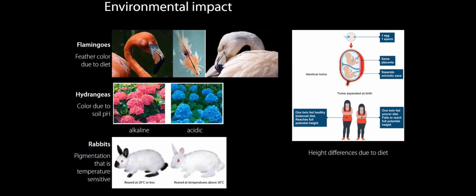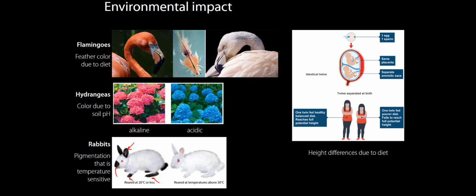Okay, now there are some animals that have what are called temperature sensitive mutations. So in the example here, we have rabbits that are reared either in really cold or really warm environments. And you can see for the one that was raised in a cold environment, only the tippy extremities of its body are pigmented. If you think about it, in the wintertime, where do you get cold first? Well, your ears get cold, and your nose gets cold, and your hands get cold. I don't know about our feet, they're usually covered in boots and socks, so we won't count that.